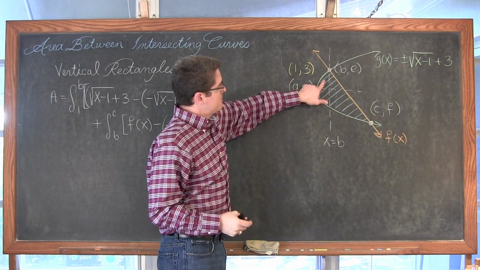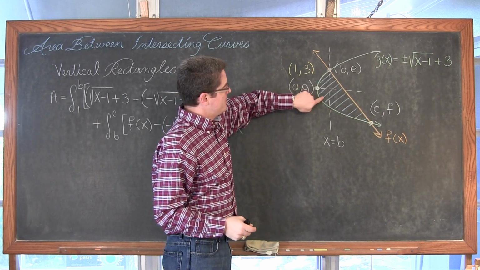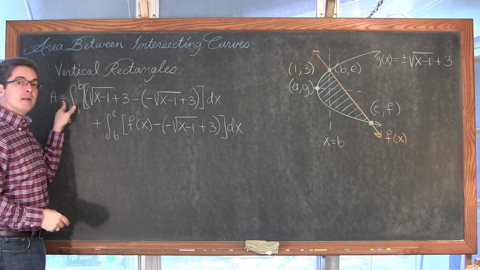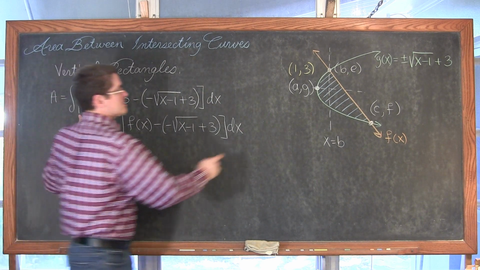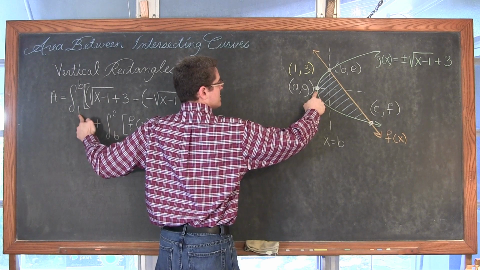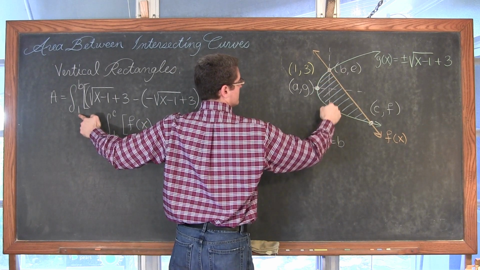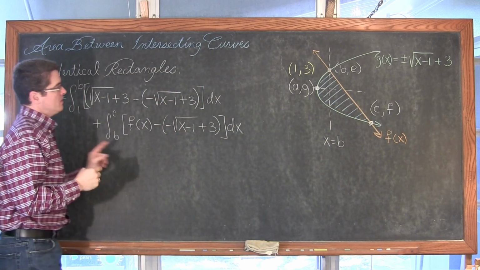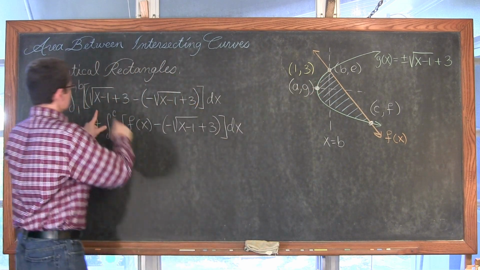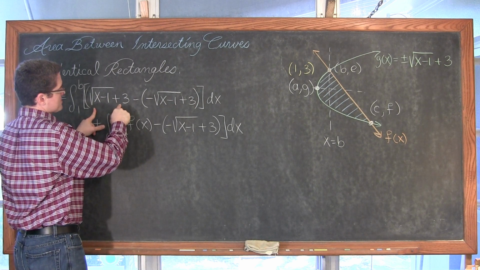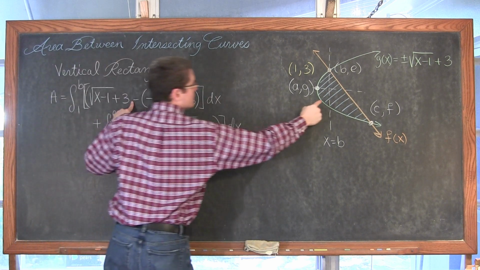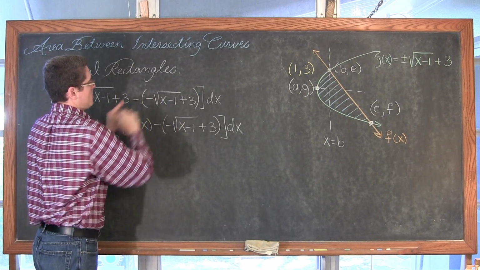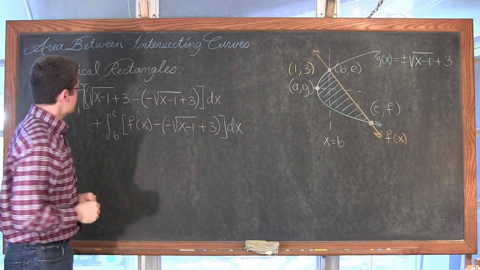Now, again, we would find this area by doing: the area is equal to the definite integral from 1, that's the x value of this vertex, going to the upper limit of b, of the square root of x minus 1 plus 3 minus these y values down here, which is negative square root of x minus 1 plus 3.